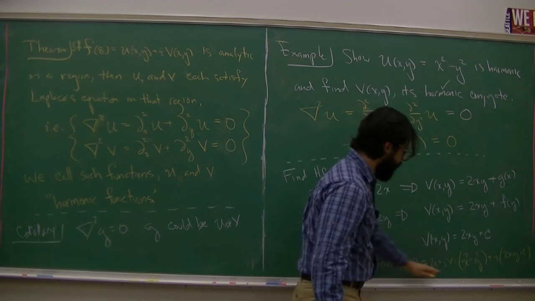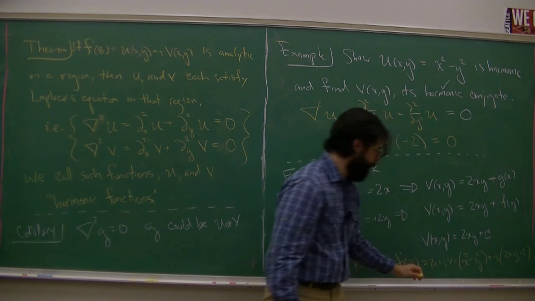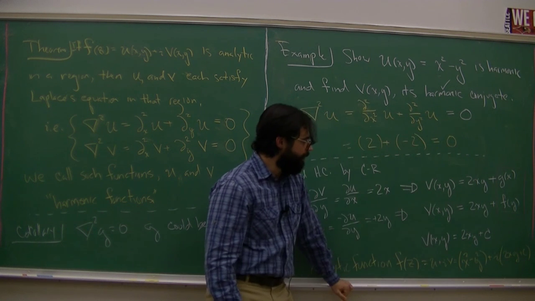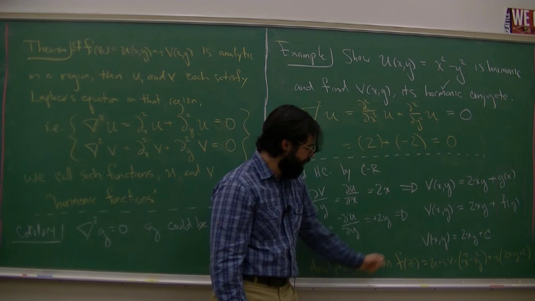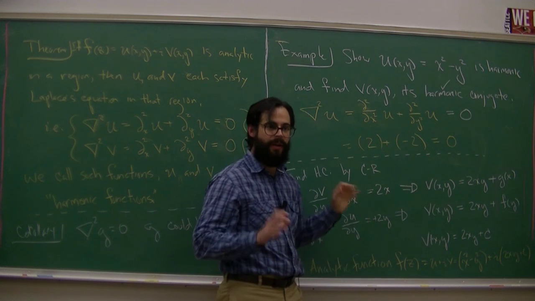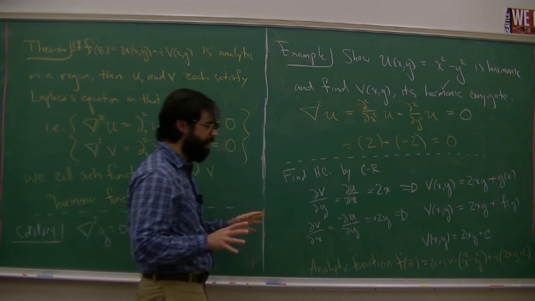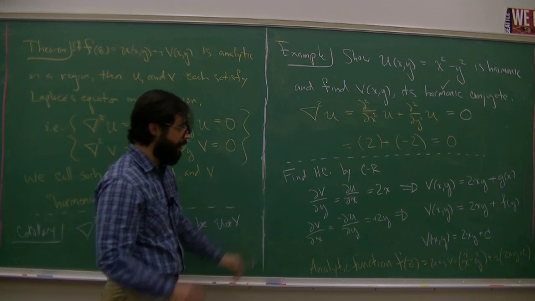So this function, we generated that part, the imaginary part in this case, from the Cauchy-Riemann conditions. f of z is analytic, and we get all the goodies. So f of z is analytic, you could check it, you would just be undoing the Cauchy-Riemann conditions.